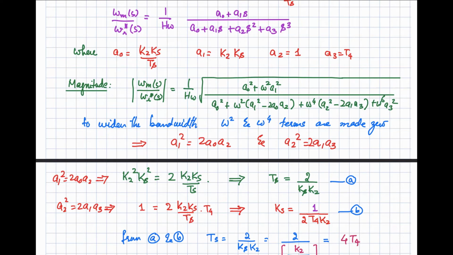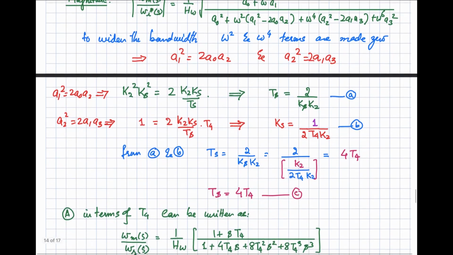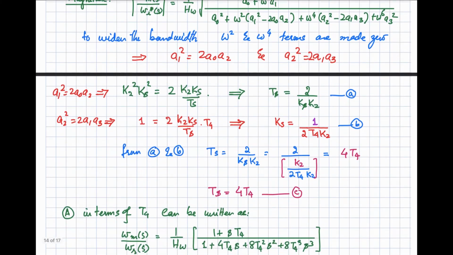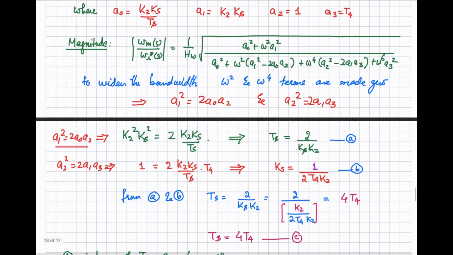Why are we applying them? Because we want to increase the bandwidth so that we can operate our loops at higher switching frequencies from our power electronic converters. With these two approximations, you can see a1 square is equal to 2 a naught a2, and we have defined their values.